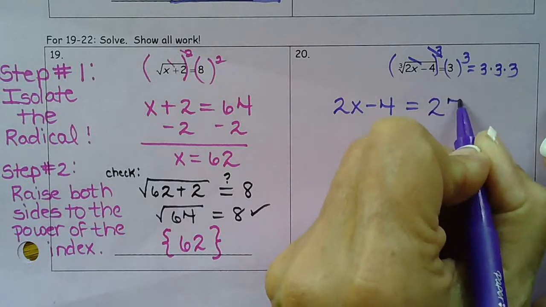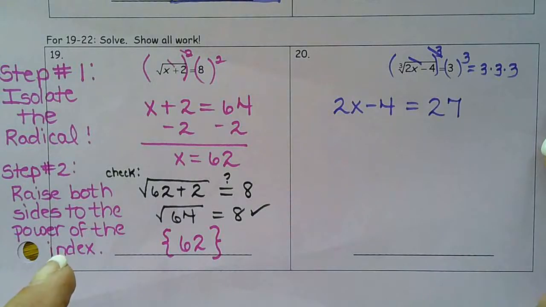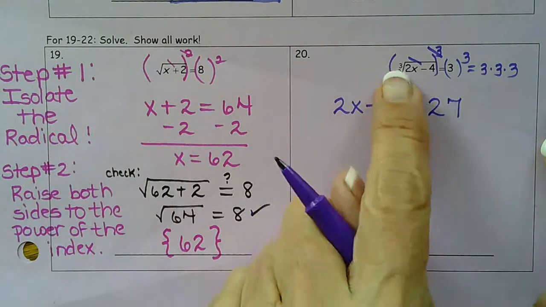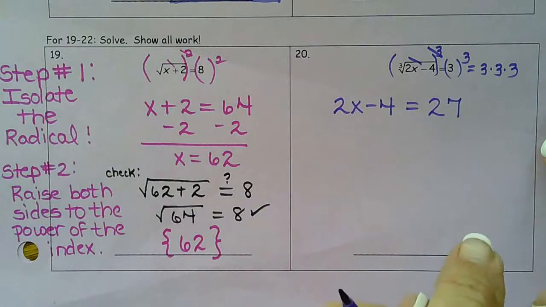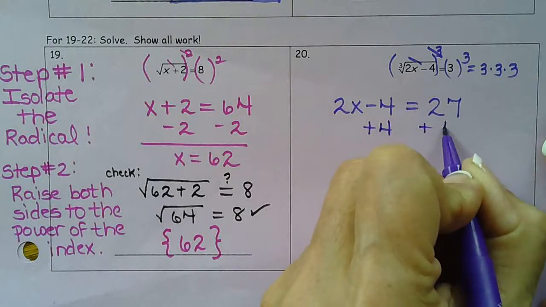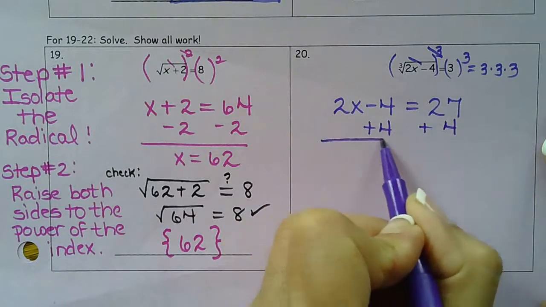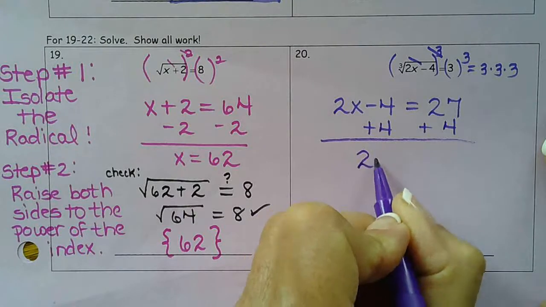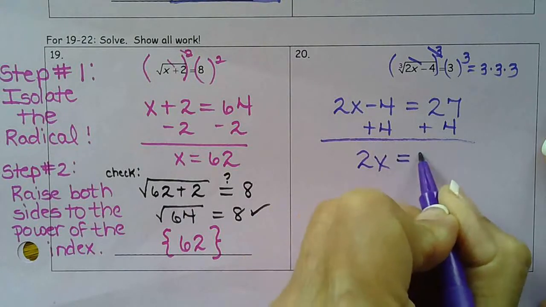And then we just have a simple little 2-step algebra equation to solve. And the cool news on this, it's an odd index, doesn't need to be checked. If I was taking a test, I would check it just to make sure my work is correct. But odd indices don't pick up extraneous solutions. So if you did happen to run out of time on the test and didn't have time to check it, you don't have to worry about extraneous solutions.